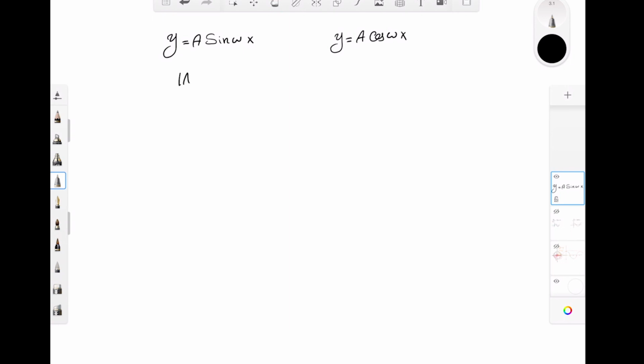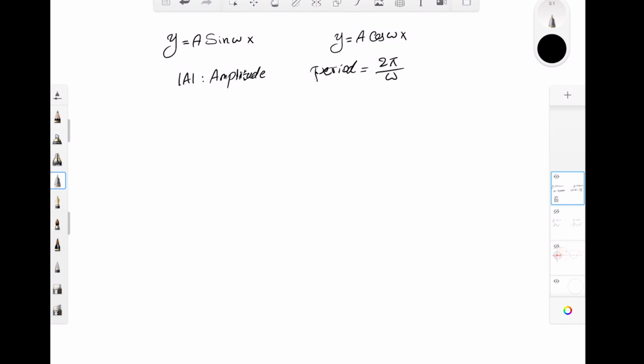So the absolute value of a will be the amplitude. And the period of the graph will be 2 pi over omega for both of them.